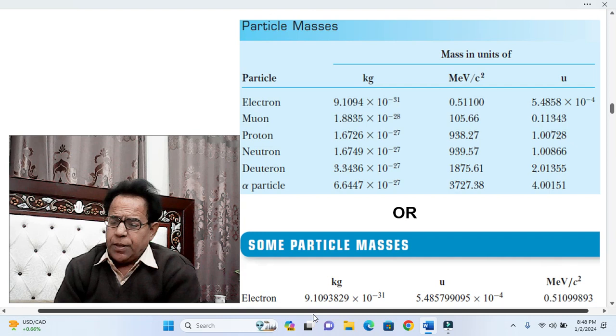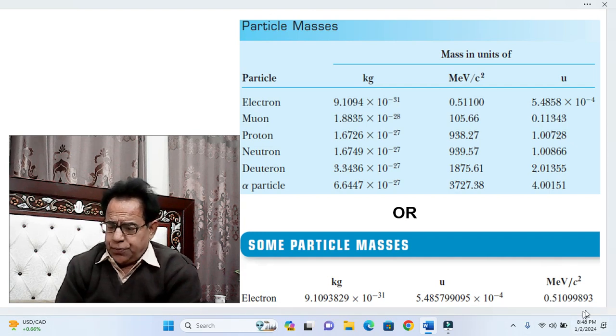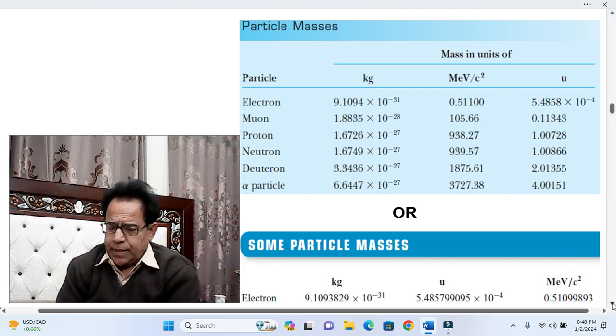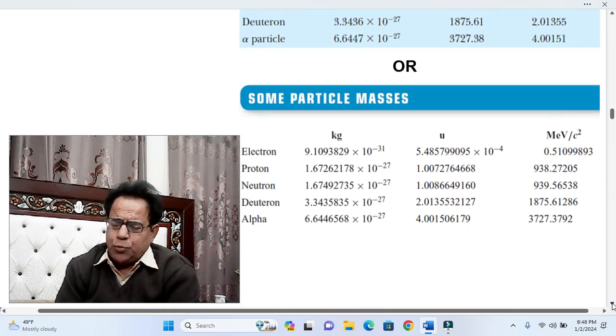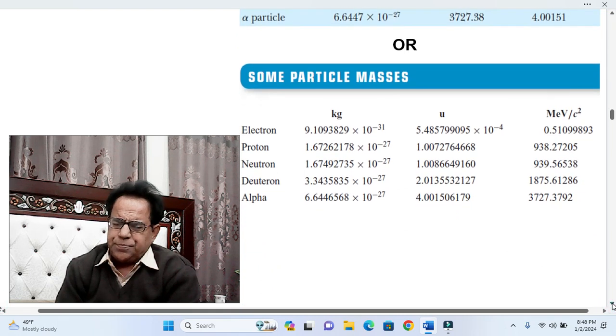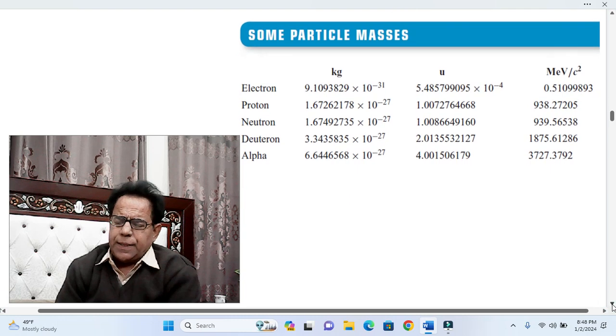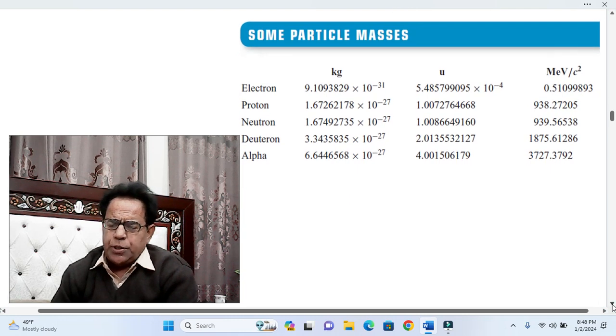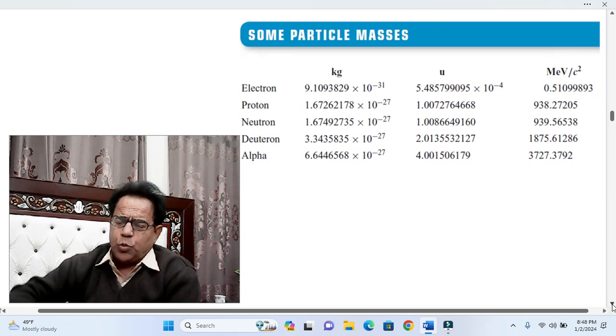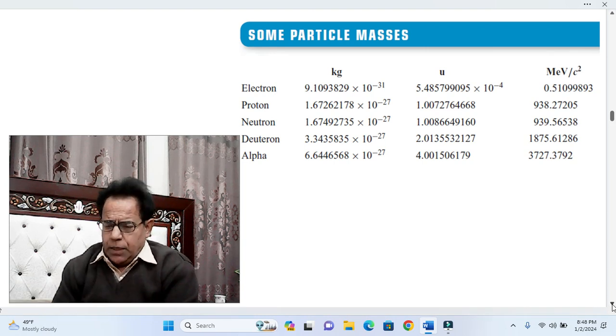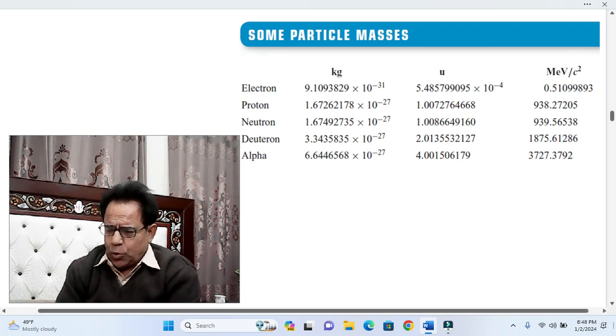Next, almost the same table has been repeated from some other book in a slightly different pattern. Some particle masses: electron, proton, neutron, deuteron, alpha, in kilogram as well as in atomic mass units.